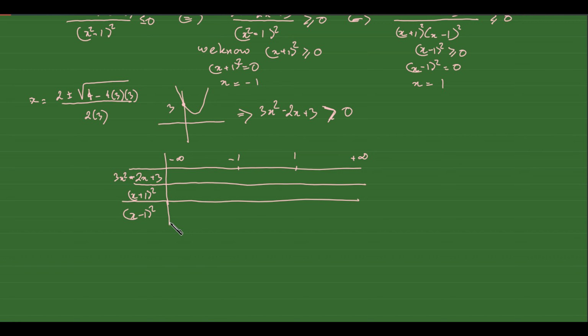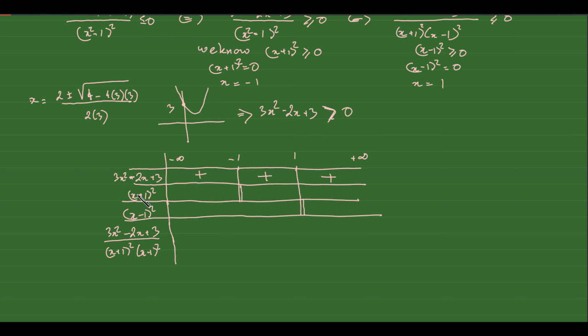Then I put everything: 3x squared plus 2x plus 3 over x plus 1 squared and x minus 1 squared. So over here we know that it's always positive. So positive here, positive here, positive here, because we just said it's always positive. Then x plus 1 is undefined here, and for this one we know it's undefined at 1 right here.